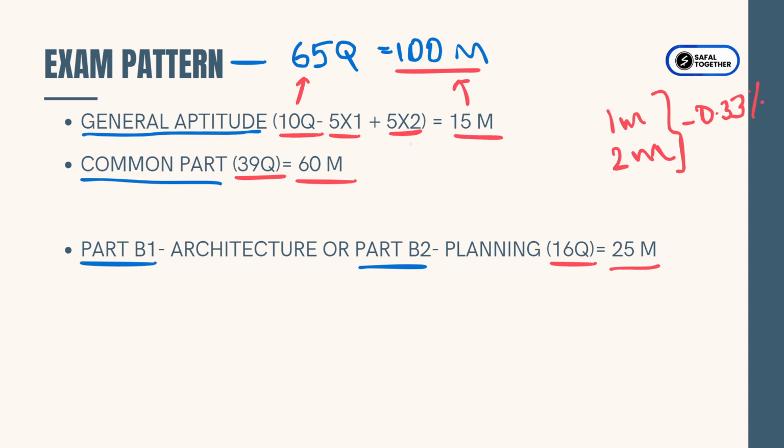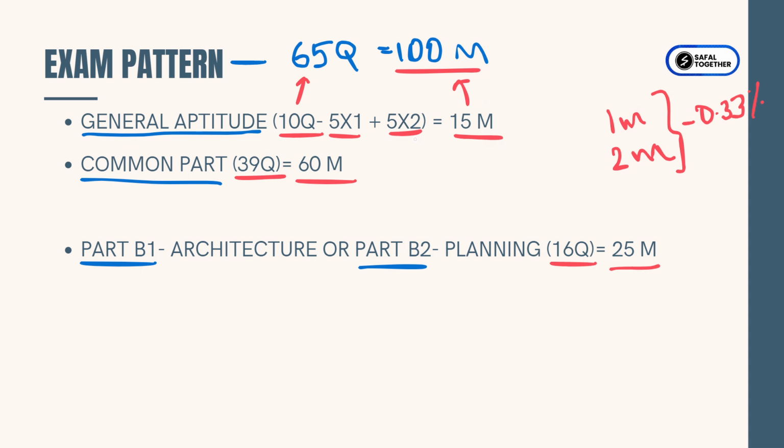So improve your vocabulary, look at a few questions, and you'll be able to do decently in this part. You'll be able to answer 4 or 5 questions on your own, and with a little preparation, you can go up to say 12 or 13 marks out of this 15. This is where your scoring can help you get a better rank.